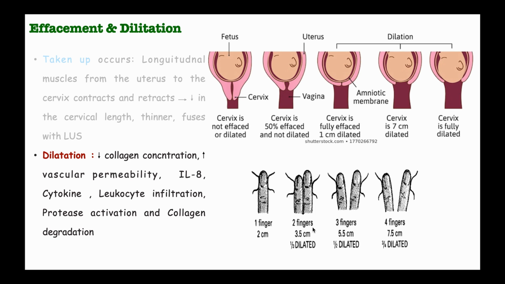And if these 2 fingers can be open, we assume it has admitted 3 fingers, and so it is 5 centimeters dilated. And so this is how we estimate the dilatation of the cervix. There are other methods that can be used, but this is what I found interesting and easy to explain.